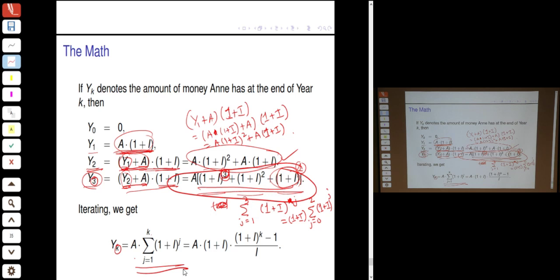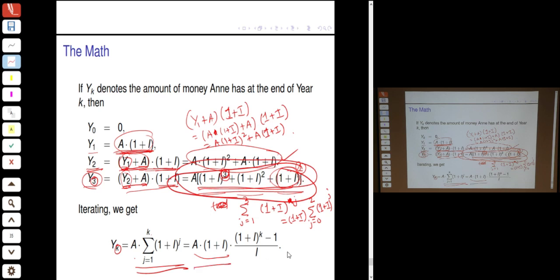And now we will want to simplify the sum of this geometric series for computational purposes. Again, what you do is take one factor of 1 plus I common, because it's exactly like this.